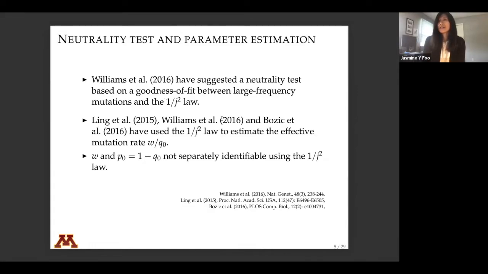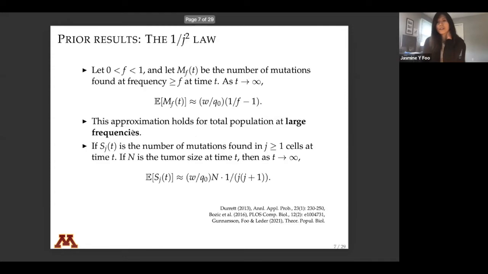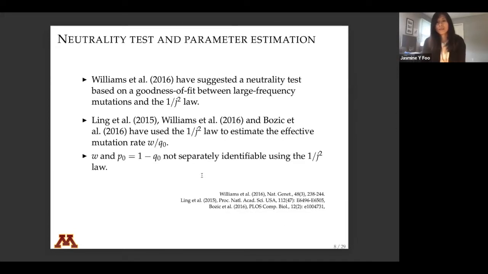This same set of authors, along with some other groups, used the result to estimate W over Q naught, which is the effective mutation rate, which turns out to be an effective mutation rate on the skeleton process. As you can see from the form of the result, though, it's not possible to separately identify W and Q naught using this law. So that's one of the things that we're interested in doing.